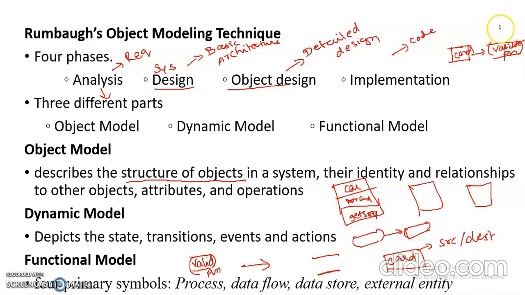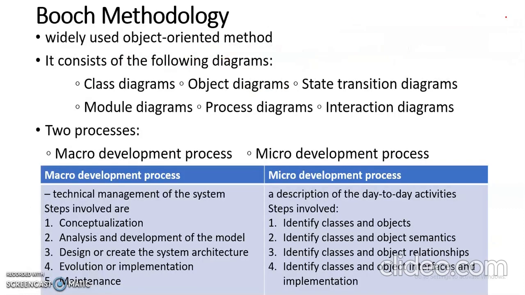This is the data flow, and it is related with the account. This is the data store, a location where our data gets stored. So these are the three models of the Rumbaugh design.